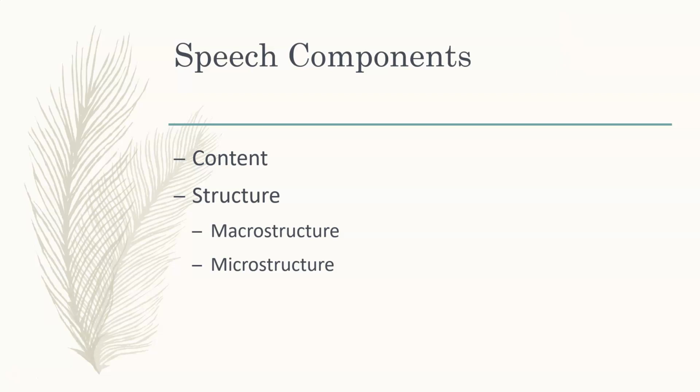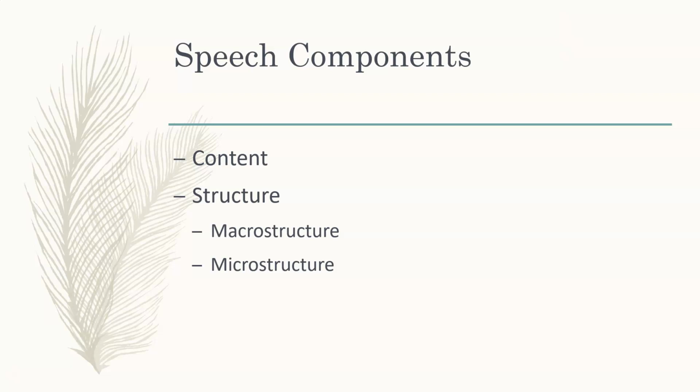If there's anything for you to focus on right now, it's going to be that you could have the world's best content and be a terrible presenter because your microstructure of delivery, wording, and examples didn't fit your audience. That intersectionality of speaker, audience, and occasion, there was a mismatch somewhere.